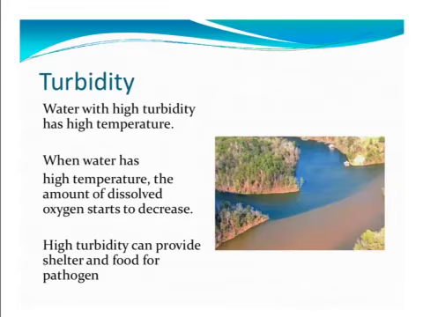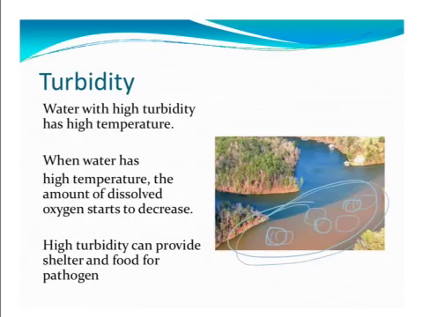Now remember, water with high turbidity will always have higher temperature. As we mentioned before, water with high turbidity is not clear at all, and this is because so many materials might be dissolved in that water. Those materials could be nitrates, phosphates, or even rust.